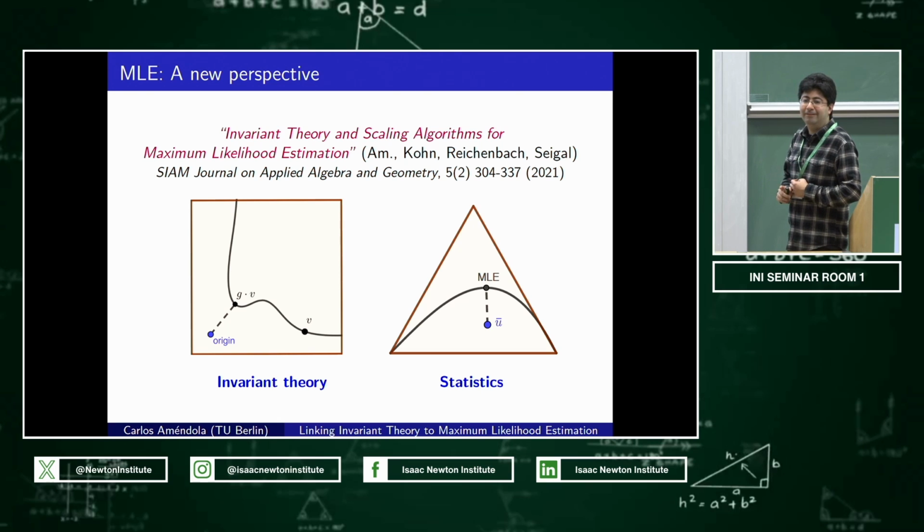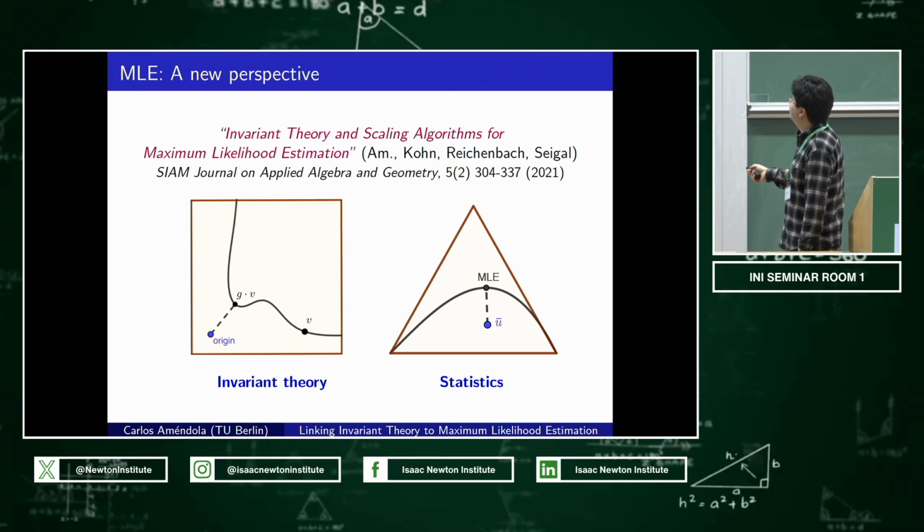So let's talk about the new perspective with invariant theory. This is mostly based on this first paper, which John worked on with Kathlén Kohn, Philipp Reichenbach, and Anna Seigal. So this is the title, and what we were thinking about is how to really translate this problem that we just talked about.